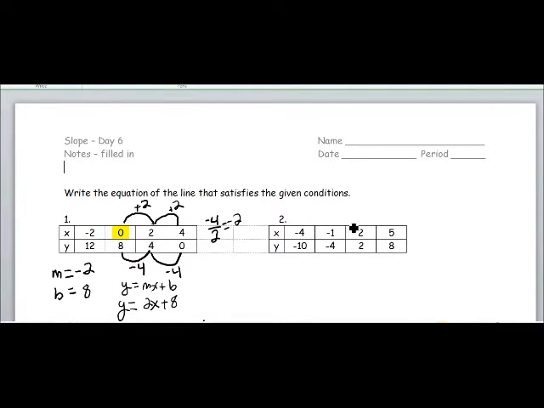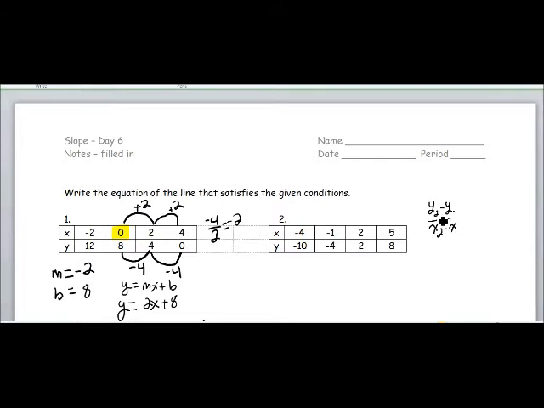Alright. Now, it's not quite so clear-cut with number 2 because we're not seeing the 0 for the x. So what we should do is we should use our slope formula, y2 minus y1 over x2 minus x1.